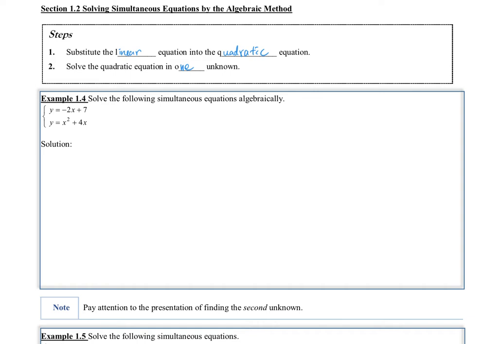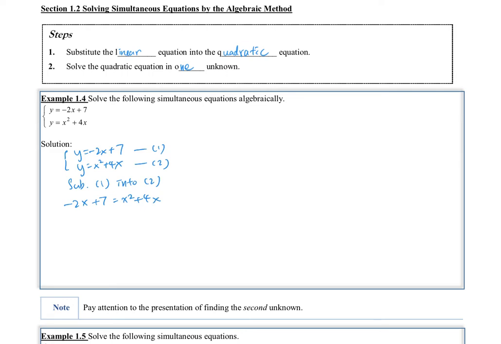For example, in example 1.4, we have equation 1 and equation 2, right? Let's copy the question, then substitute 1 into 2, and you will get the equation in this way.